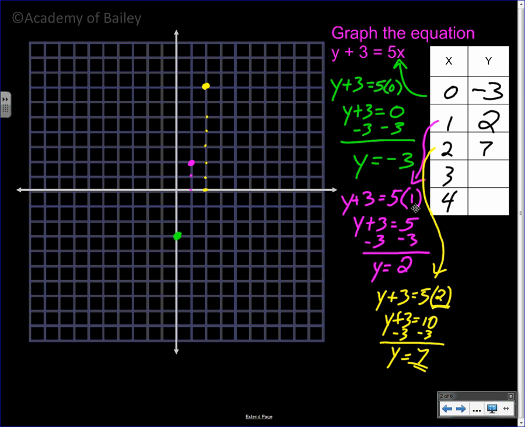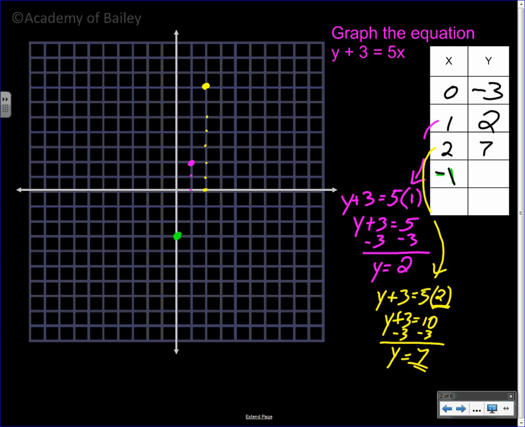And it looks like if I let x be equal to 3, it's going to go off the graph. I probably could do -1. I understand it doesn't go in order. -1 doesn't come after 2, but we're just substituting values for x to find the value of y. So when we substitute -1 in for x, we get y plus 3 equals -5.